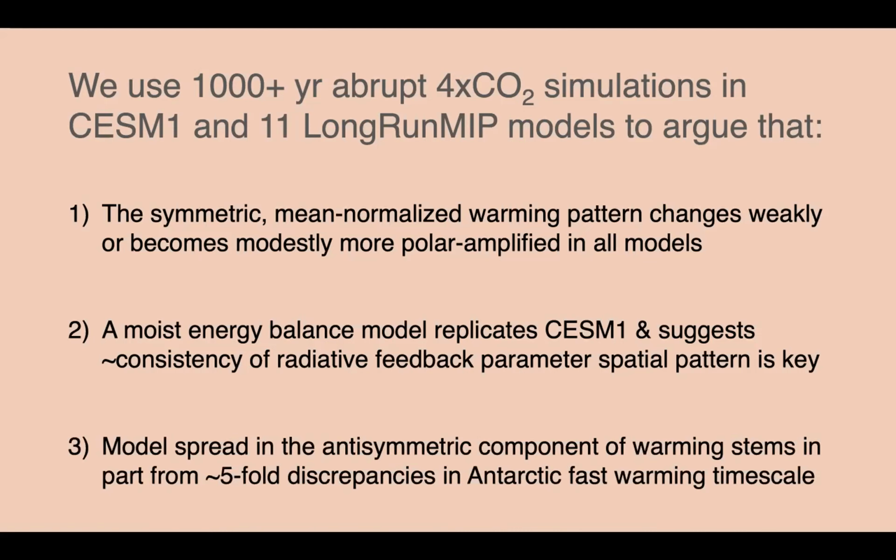And finally, if we have time, I have too much material, so I might skip this. When we look instead at the model non-robust response in the antisymmetric component weakening amount, largely that seems due to major discrepancies in the fast warming timescale in the Antarctic.